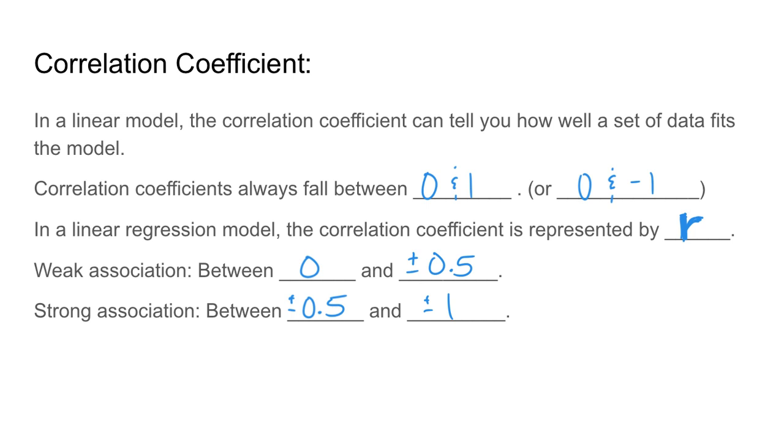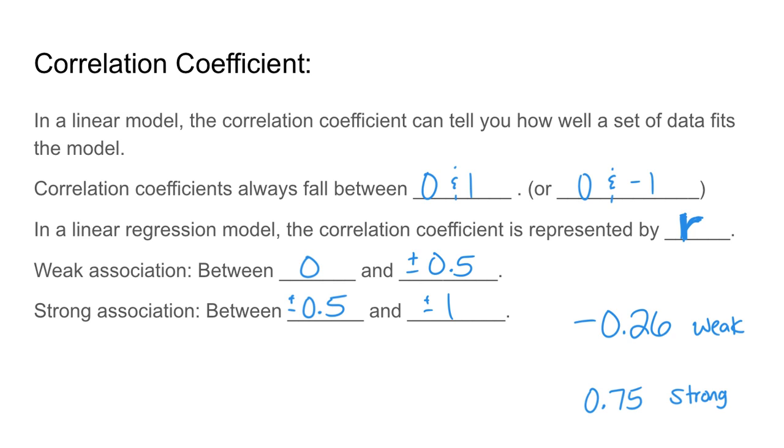So if you're looking at a comparison of correlation coefficients, or you're looking at a correlation coefficient and wanting to use it to describe your data, then a correlation coefficient of negative 0.26 would be considered weak because it falls between 0 and 0.5. A correlation coefficient of something like 0.75 would be considered strong because it's very close to 1.